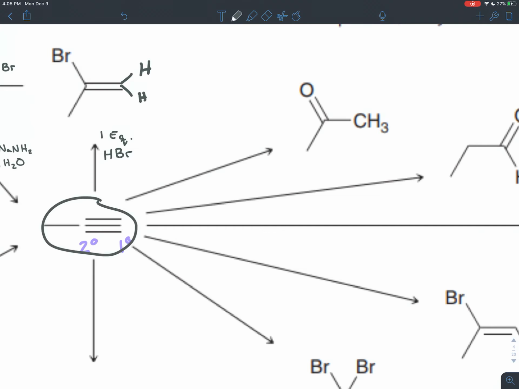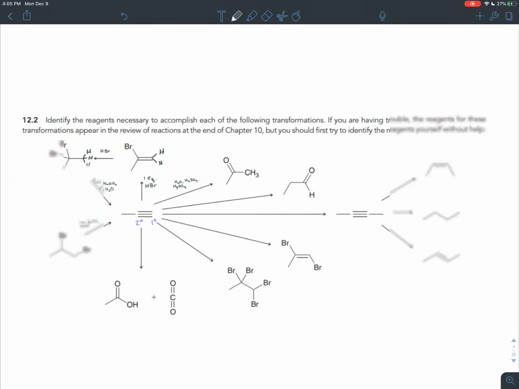If you ever start with an alkyne and end up with a double bond to an oxygen on the more substituted carbon, then you know you needed to use water, sulfuric acid, and mercury 2-sulfate, also called mercuric sulfate. Those reagents do an acid-catalyzed hydration on the alkyne.